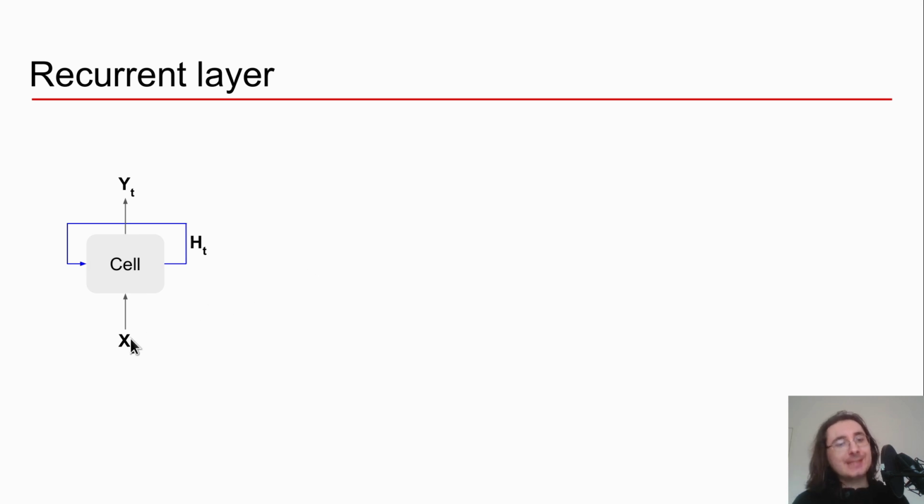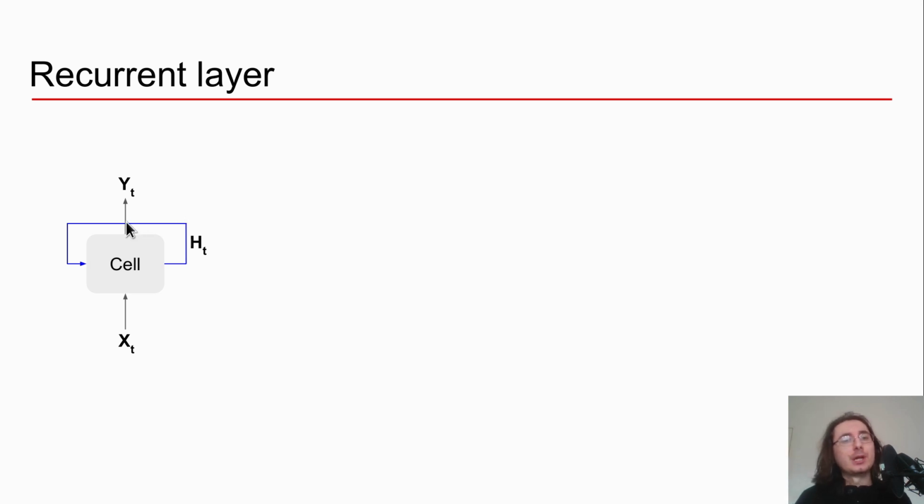Now, at each step, we give in input data that's represented by this x_t. Then the cell does some processing and outputs a couple of things. It outputs h_t, and h_t is basically what we can call a state vector or a hidden state. This represents and keeps memory of the network at a certain point in time.